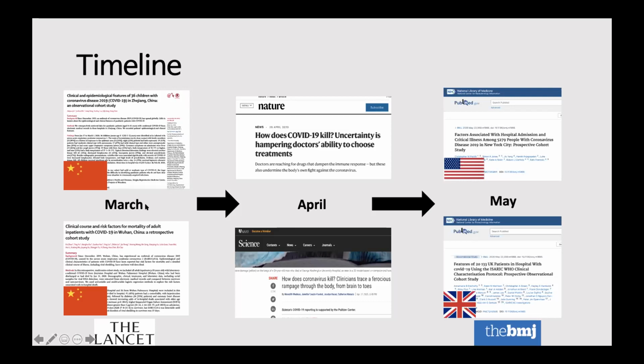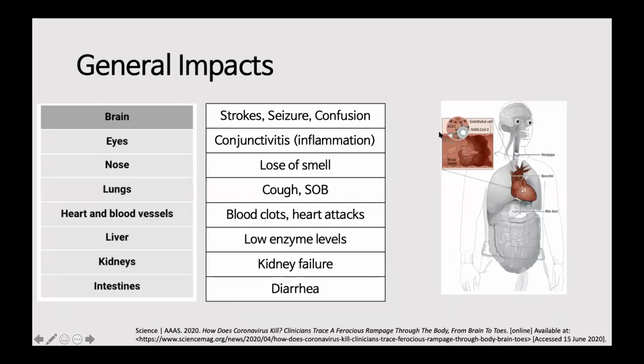So if you're interested, you would like to search this article up. The general impacts shown here say that COVID impacts all organs in various people. It could go from our brain to the intestines, our lungs, and our kidneys. You can see that the most common things are cough and shortness of breath, but there are other various things also implied. So we'll take a look at that.